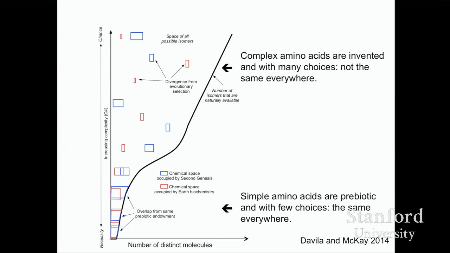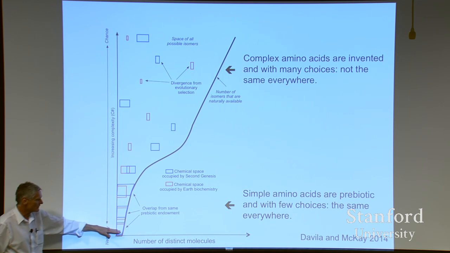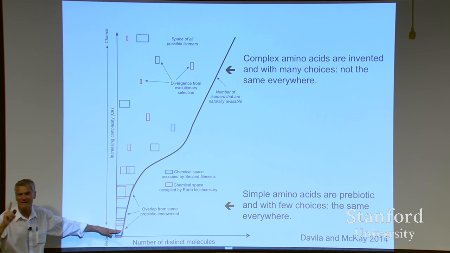This is a diagram from a paper we just finished, talking about this problem and pointing out the distinction between the simple amino acids and the complex amino acids. This is a plot of the number of distinct molecules that are possible as a function of the increasing complexity of the amino acids. Here, at the bottom, where there's one carbon atom, there's only one amino acid, glycine, and that's it.